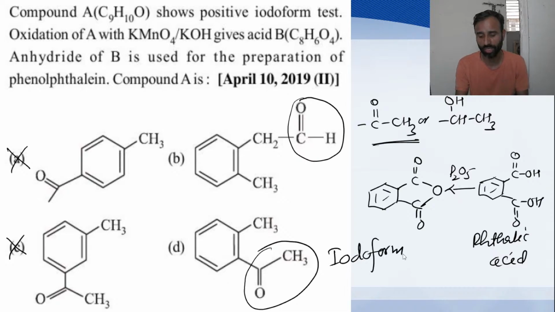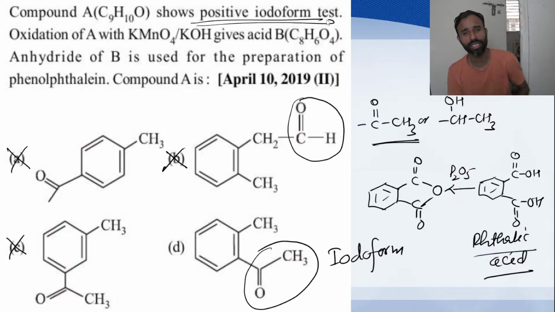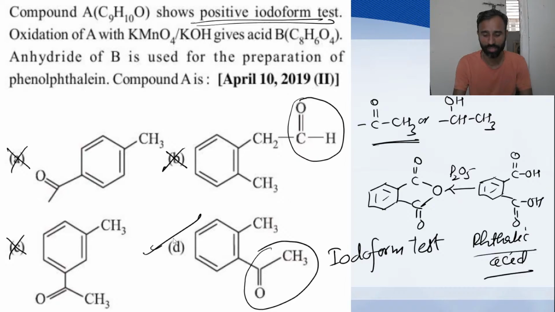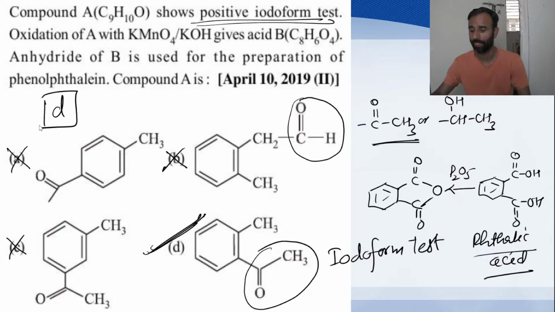No doubt on oxidation both will give phthalic acid, but the first one will not give iodoform test because it has no COCH3 group. This one has a COCH3 group, so it will show iodoform test, and this is the right option. So D is the right option.